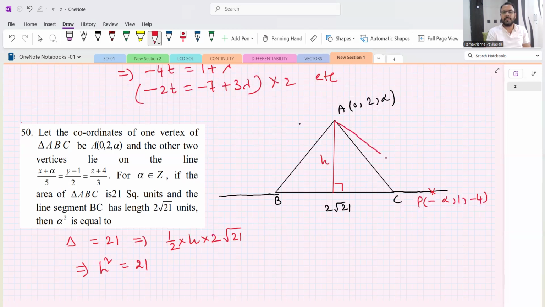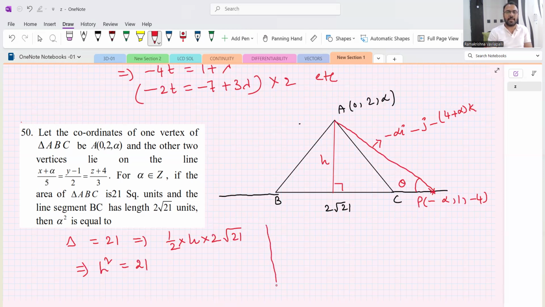I'll join this. Assume this angle is theta. What is this vector? This vector is minus alpha i minus j, or you can say minus of (4 plus alpha) k. And the line is parallel to the vector 5, 2, 3.